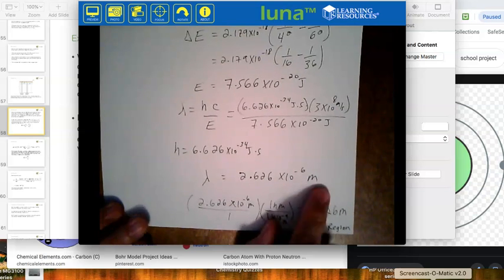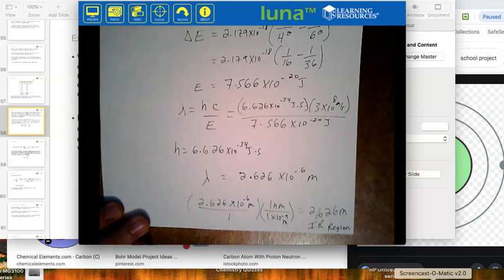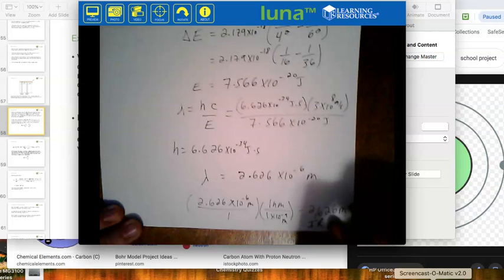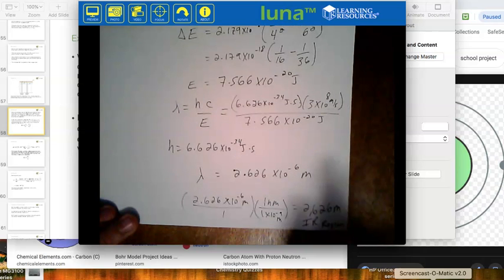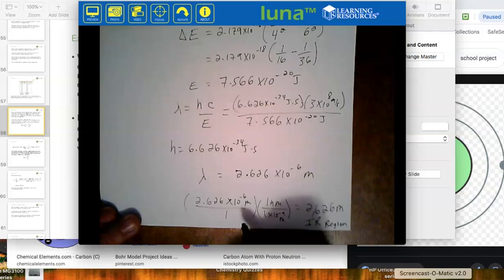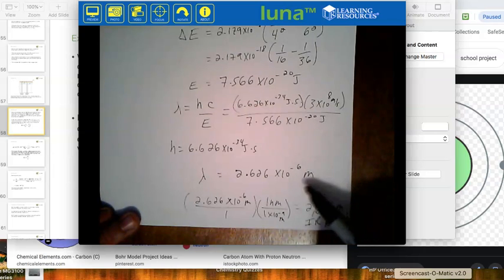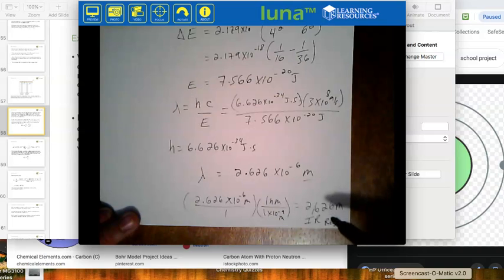Okay, so I convert that to nanometers. The reason I did that is because, for me personally, nanometers make it easier to realize what that would be in terms of the electromagnetic spectrum. I know they said to do it in meters, but I converted it to nanometers, and it's 2,626 nanometers.